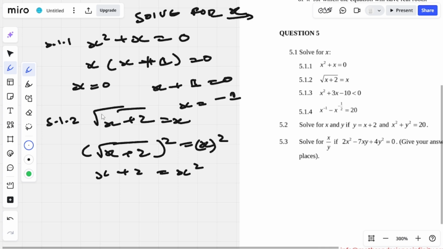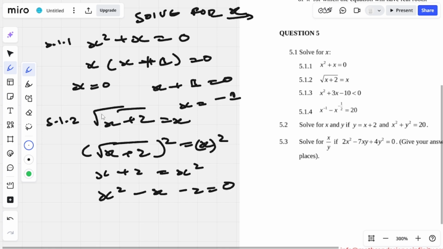Now you take the x plus 2 to the other side, and they change their signs. Mathematically, we're subtracting x plus 2 on both sides. Then we have x squared minus x minus 2 equals 0.